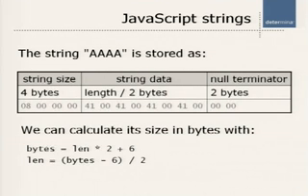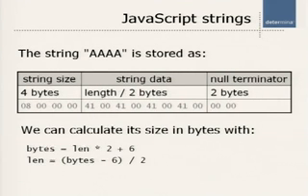The string data is preceded by 4 bytes of string size, and after that you have a 2-byte null terminator. So if you have the string AAAA, it'll take a total of 14 bytes: 4 bytes for the size, 8 bytes for the string data, and 2 bytes for the null terminator.